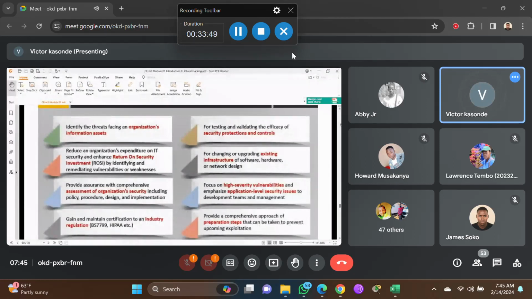ROSI, that is the return on security investment, by identifying and remediating vulnerabilities and weaknesses. If vulnerabilities are identified quickly, there will be less expenditure.